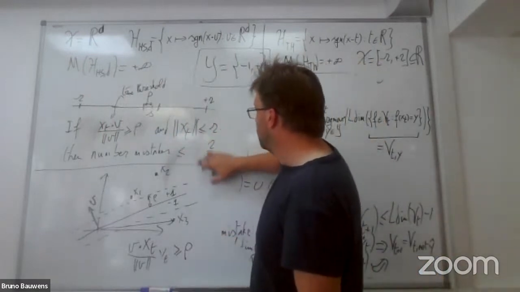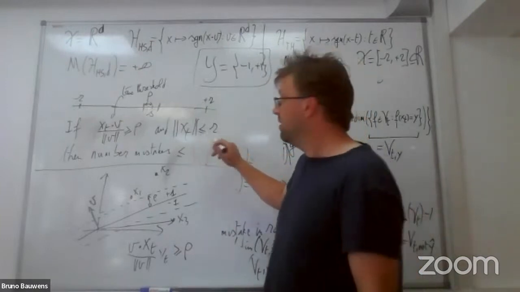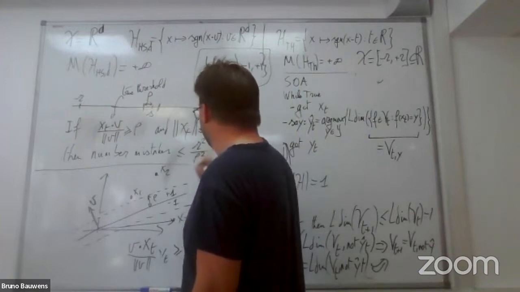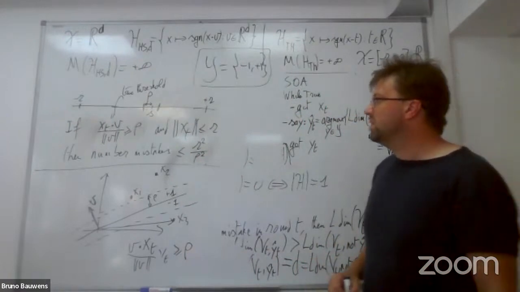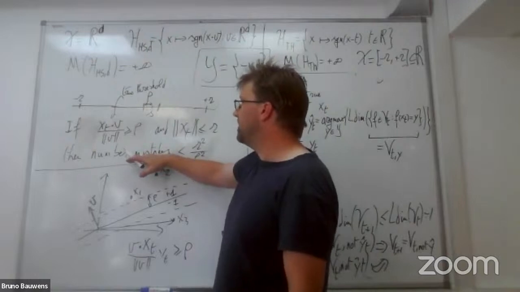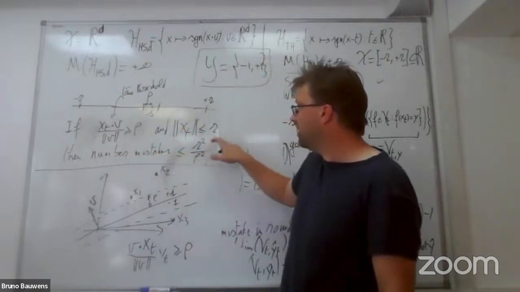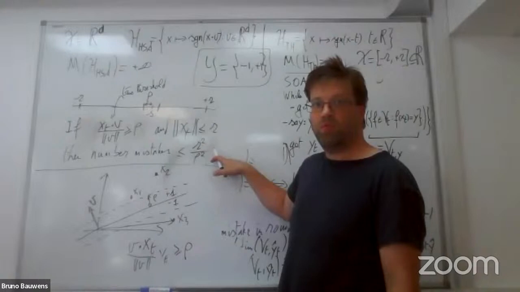Then the number of mistakes in general dimension is not logarithmic but quadratic. It is bounded by r squared over rho squared. So the theorem says that the perceptron algorithm achieves a number of mistakes that is quadratic in the ratio r over rho. That's our second result that we need to prove.